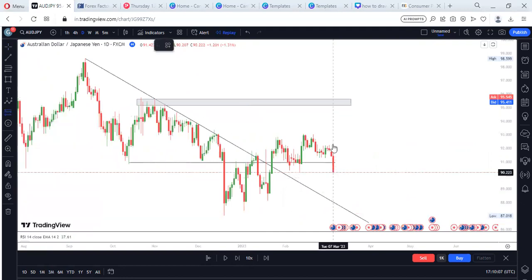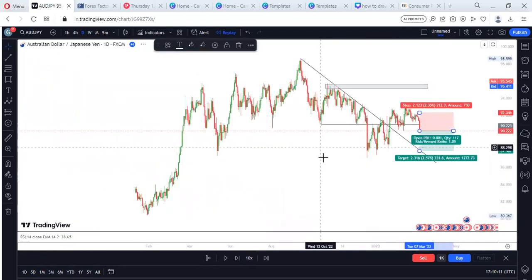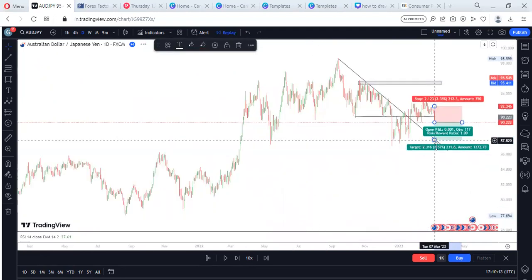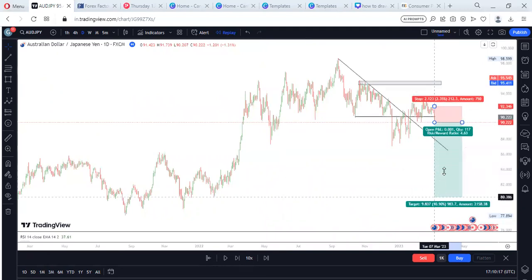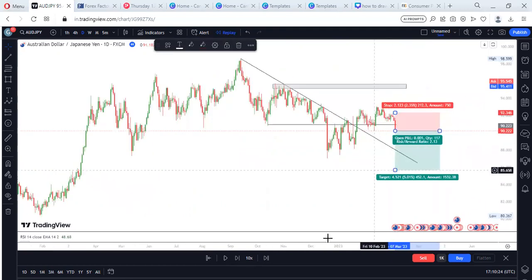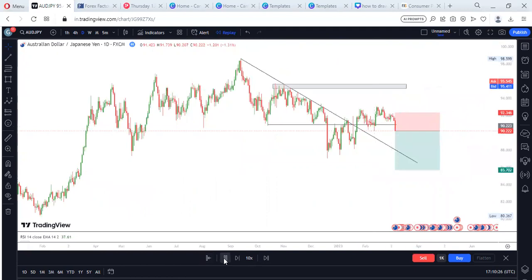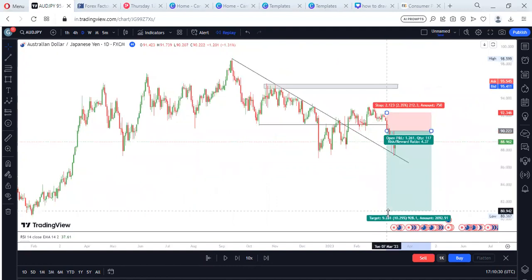Stop loss above this previous high, and my take profit will be there. Now I might decide to place my take profit right here, but it's not giving me a good risk to reward ratio, so I will just keep it around here. So this one is 1 to 2.